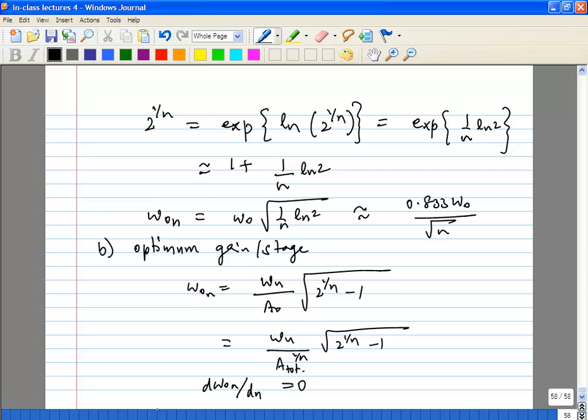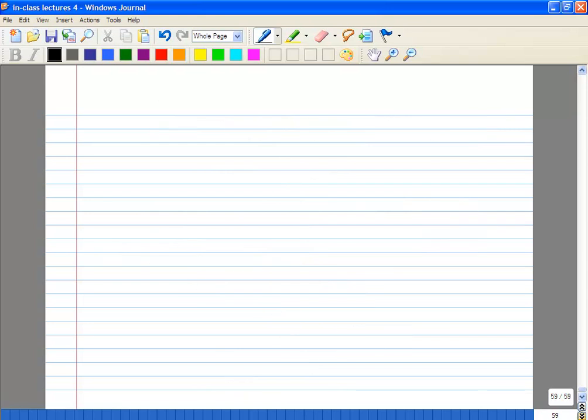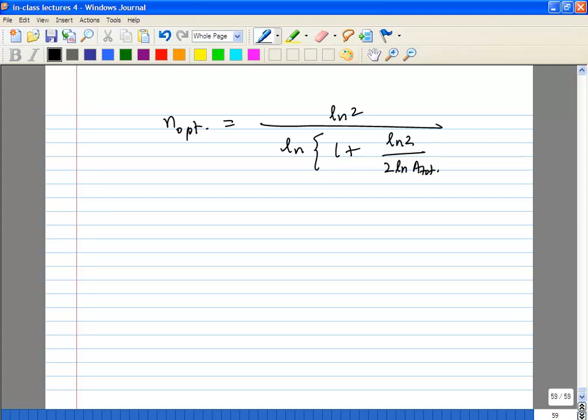So you can do this and find out, so you'll get something like this. Okay, you can do some algebra and you get n naught is ln 2 over some expression like this after some algebra.